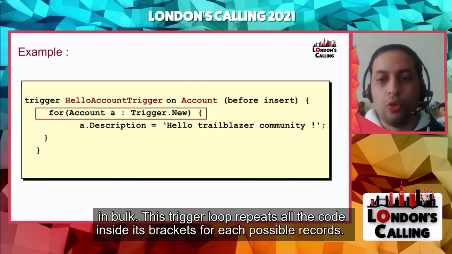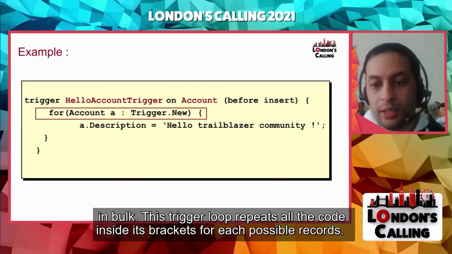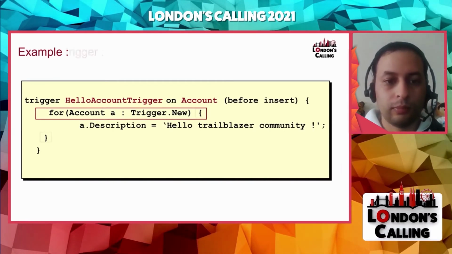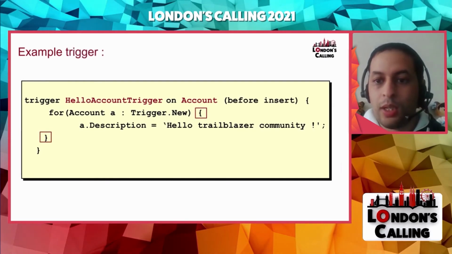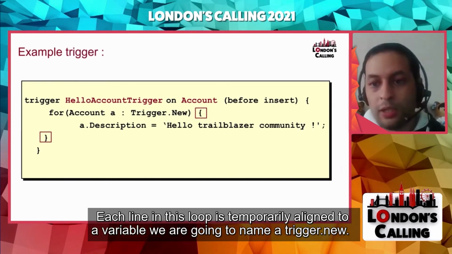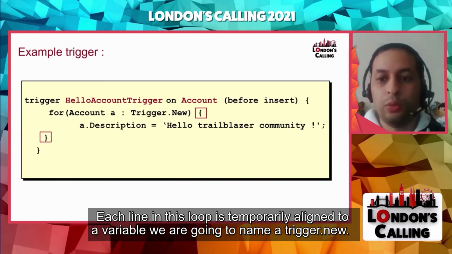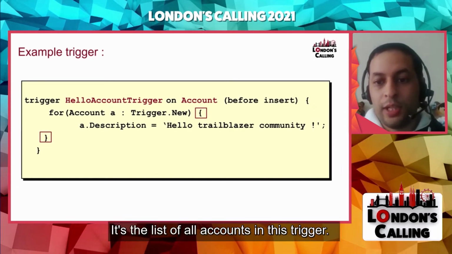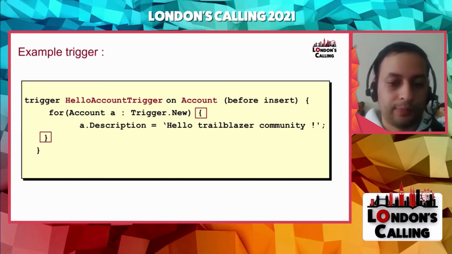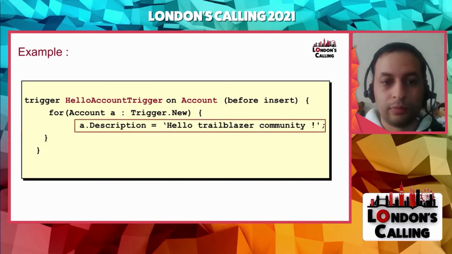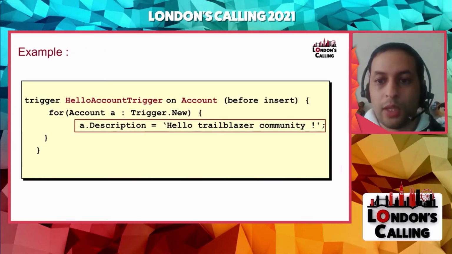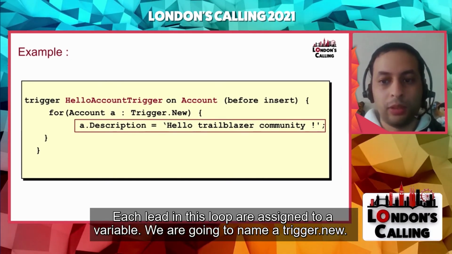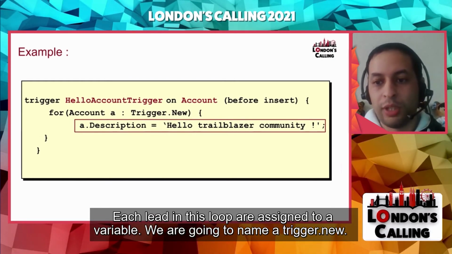This trigger loop repeats all the code inside its brackets for each possible record. Each account in this loop is temporarily assigned to a variable, and we loop over Trigger.new, which is the list of all accounts in this trigger.